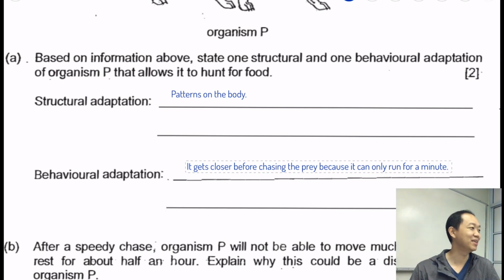It can only run for 1 minute. That means when I see the prey, then 1 minute, 60 seconds only. Got countdown, tick tick tick tick, 60 seconds stop, then you're very tired, no food. So within 60 seconds you must catch the prey. Within 60 seconds never catch the prey, it will go home empty handed.